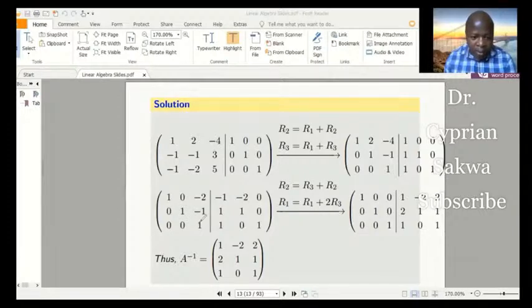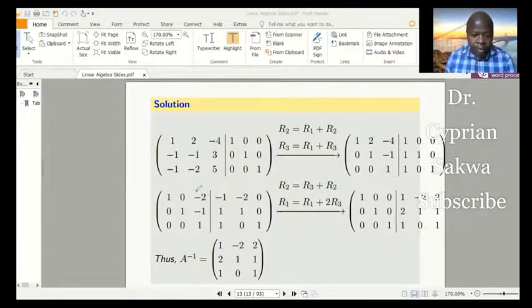So we now come to this element and use it to create zeros elsewhere, so that it's the only non-zero element in this column. So what are we to do? And I've written here that for us to achieve that, we shall require the new row 2 to be row 3 plus row 2.